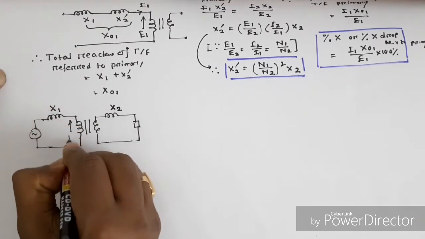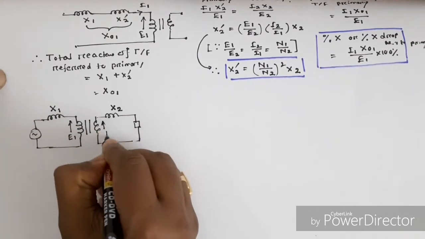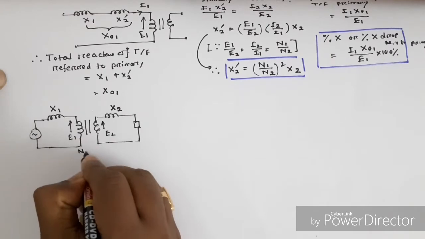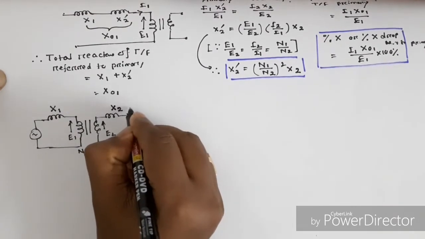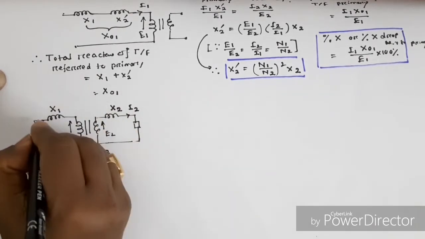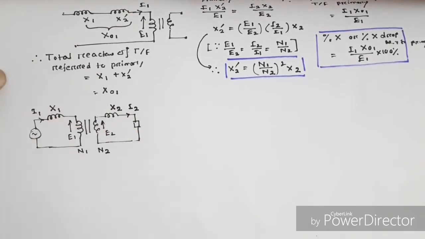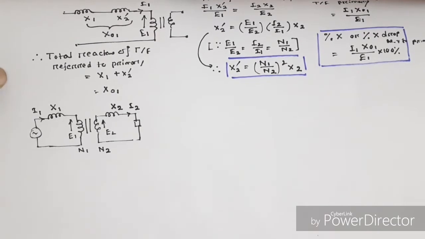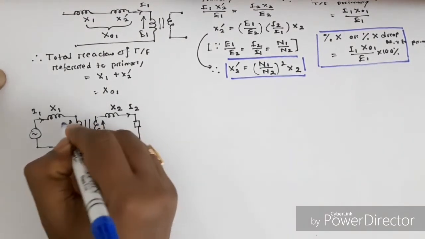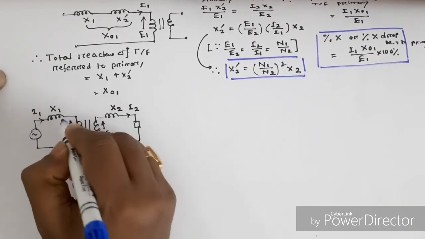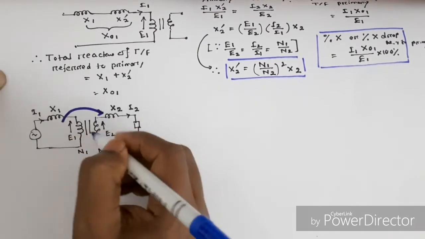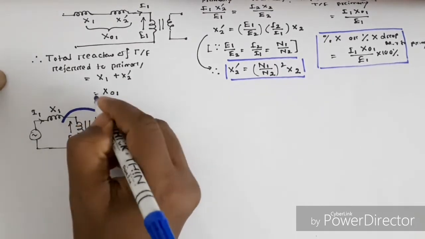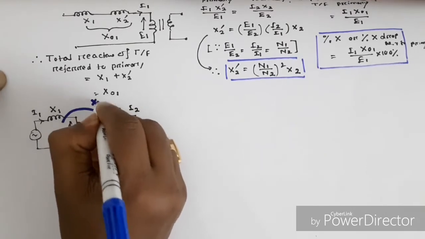Primary induced EMF E1, secondary induced EMF E2, primary number of turns N1, secondary number of turns N2, the secondary current or load current is I2 and primary current is I1. Now, if I transfer the primary reactance X1 into the secondary side, then it becomes X1 dash.